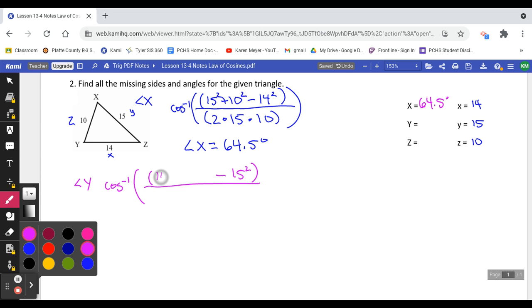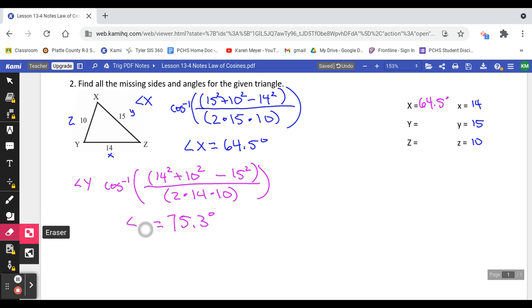So therefore, that means we're going to add the x and the z. And on the bottom, it's 2 times the x and z. Okay, so type that in, and we get angle y to be 75.3 degrees.